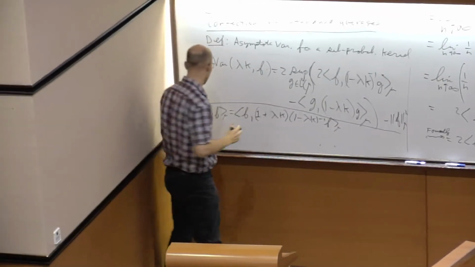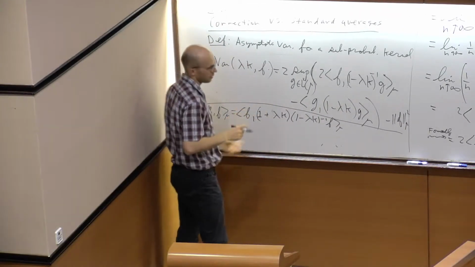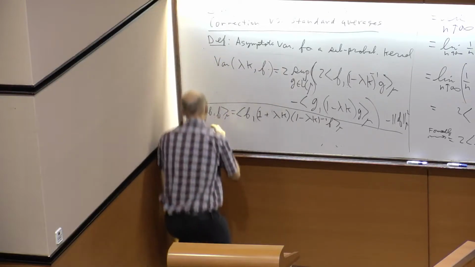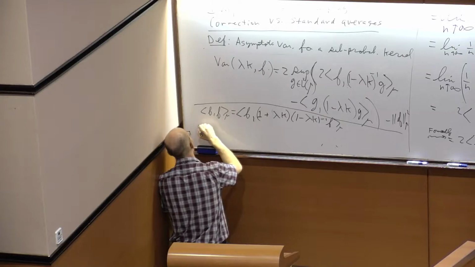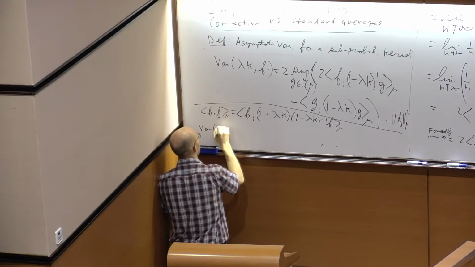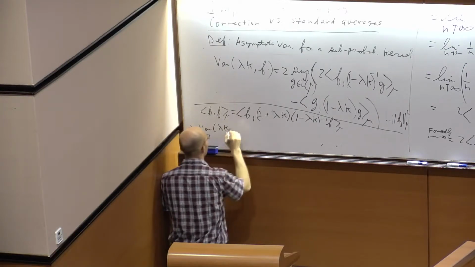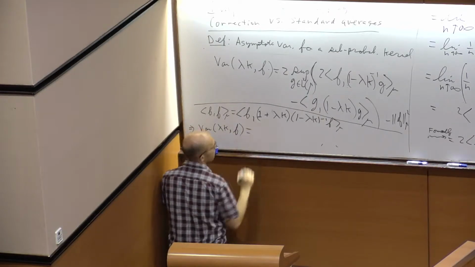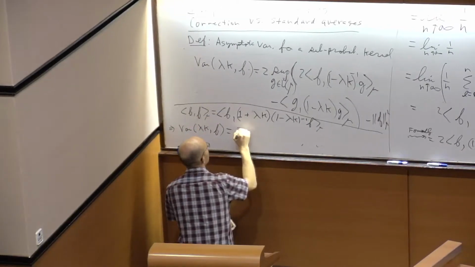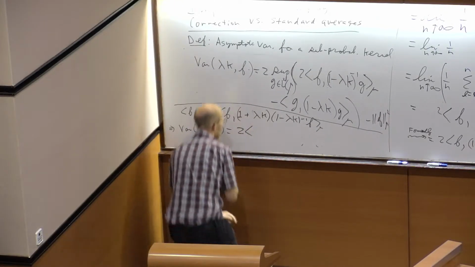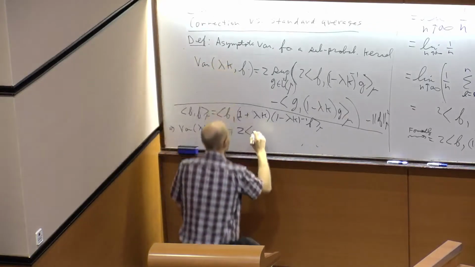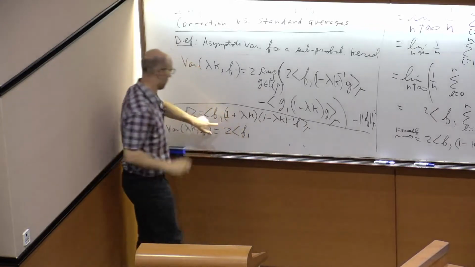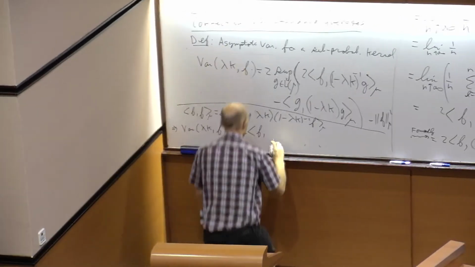And so now if we look at this formula, especially when G is attained, we have the variance for lambda K of F. So this is then 2, and now we can combine these terms.